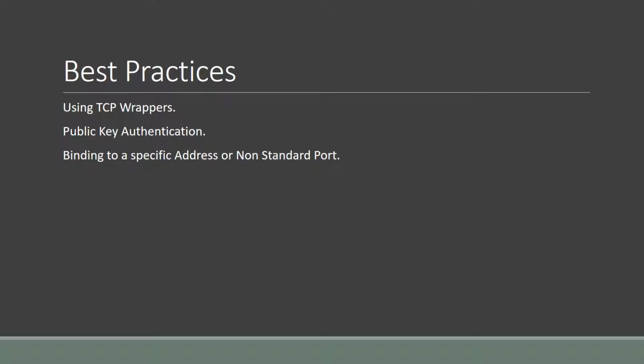We also have public key authentication as our last best practice. One of the best ways to tighten the security of your SSH installation is to disable password authentication and use public key authentication instead.